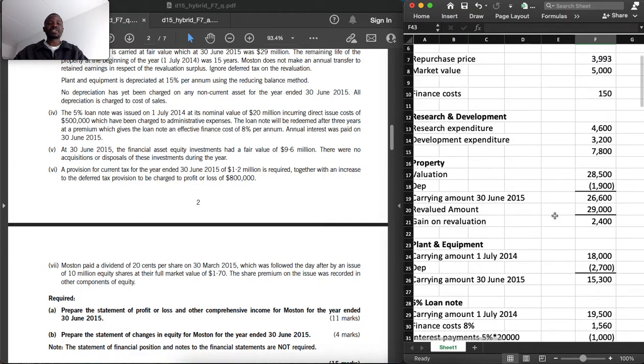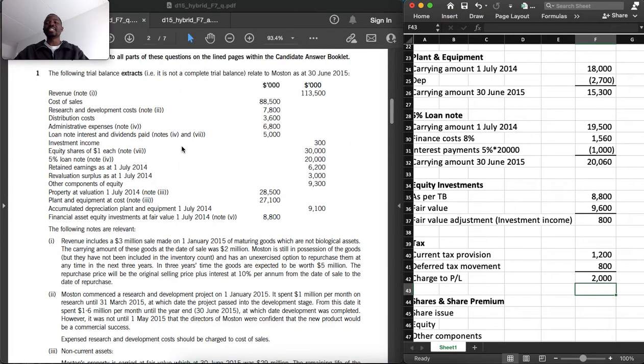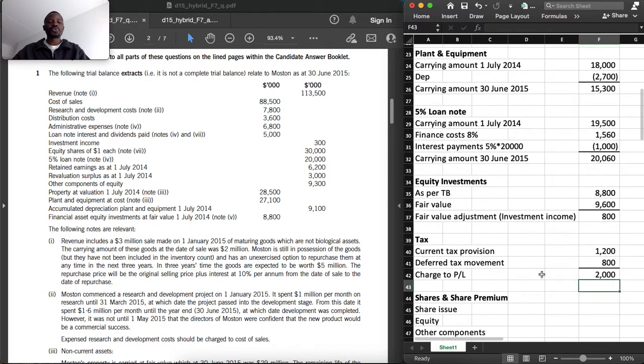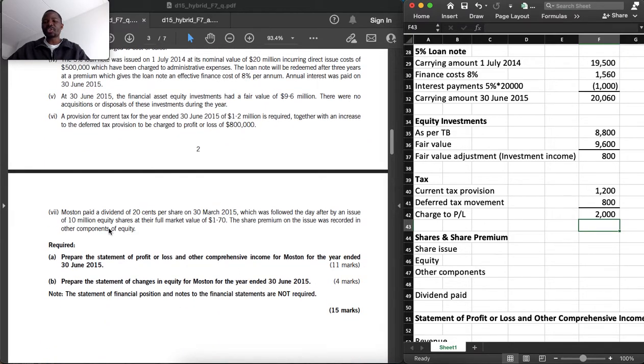In this instance on the trial balance, we were not given an under or over provision to adjust our charge to the income statement. So those are the final two. Now let's go to our last note, note number 7.